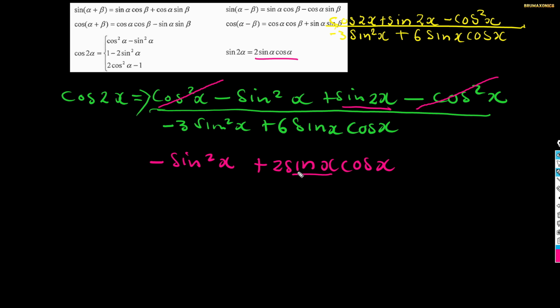So let me rewrite this. Okay, let me just divide it first by the 3, which is negative 3 sine squared x, and here we can also take out something, you see. So why not, and that something will definitely be the sine.